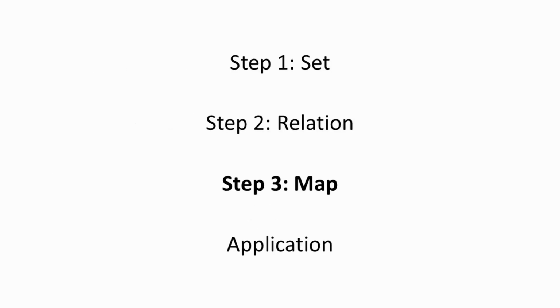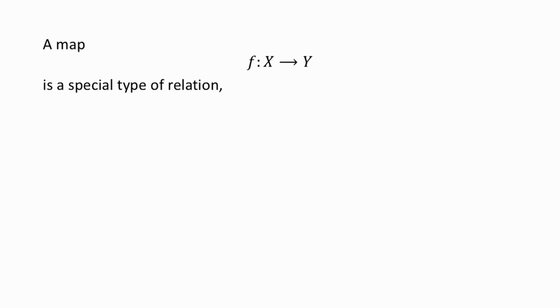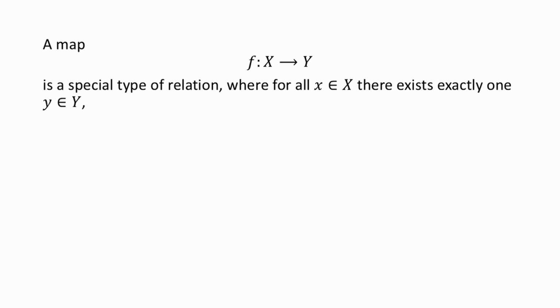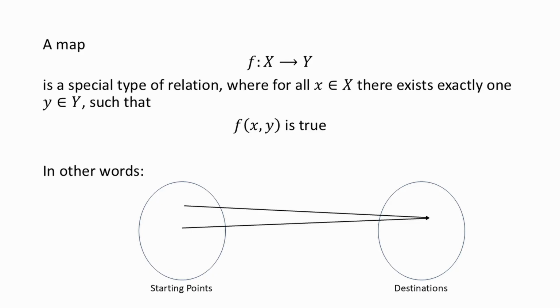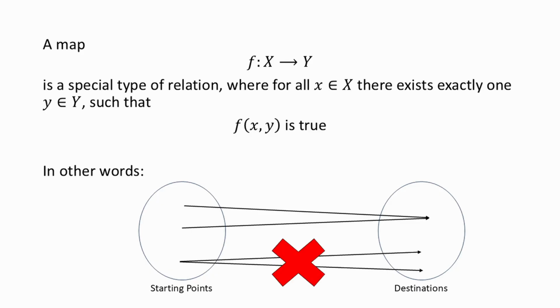Step 3. Map. A map f is a special type of relation where for all x in X there exists exactly one y in Y such that f of x and y is true. In other words, we can imagine that X is the set of starting points and Y is the set of destinations where no one can split oneself to go to two places at the same time.